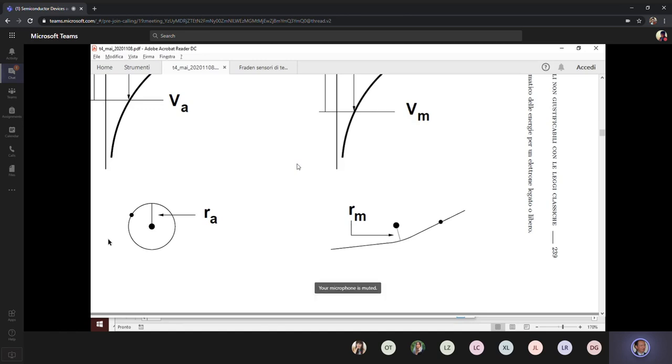Okay, and then one can apply the standard principles of mechanics for the description of this structure. We make the assumption that the nucleus is much more massive than the electron.